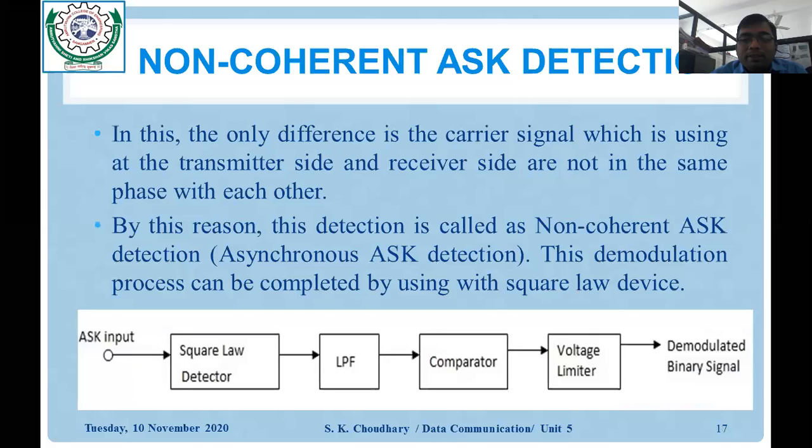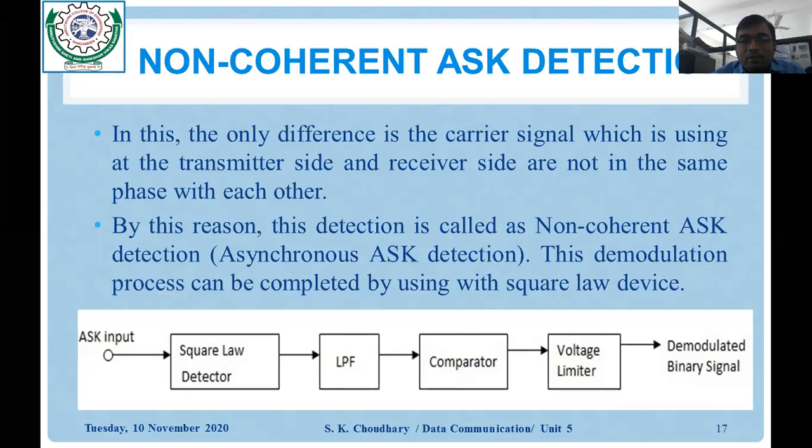Now we will see the last topic on ASK, non-coherent detection of ASK signals. You can see the block diagram here representing non-coherent detection. What is the difference between coherent and non-coherent detection?